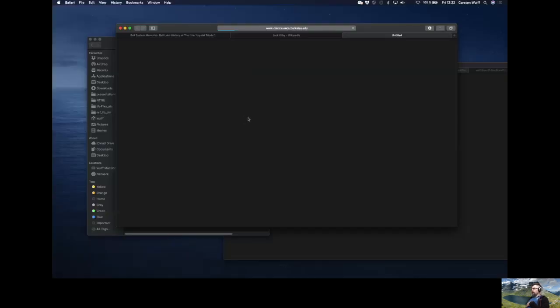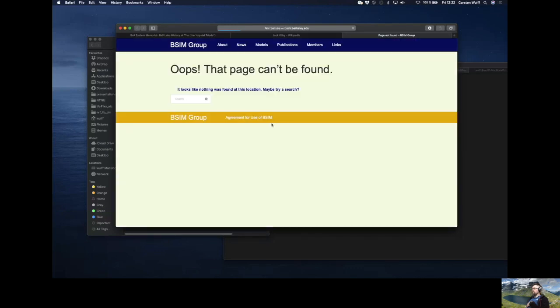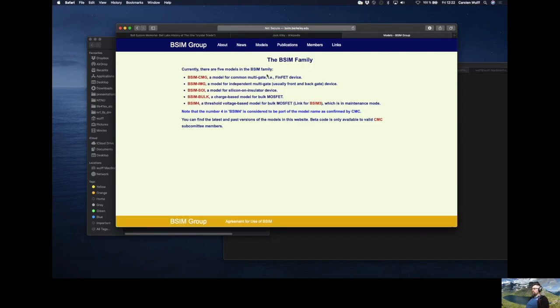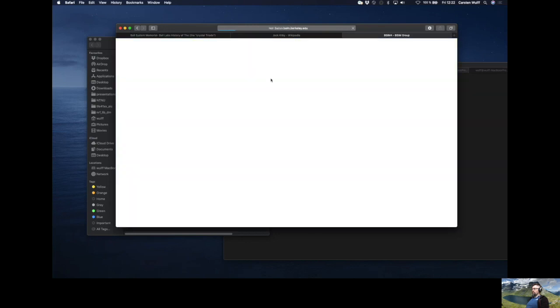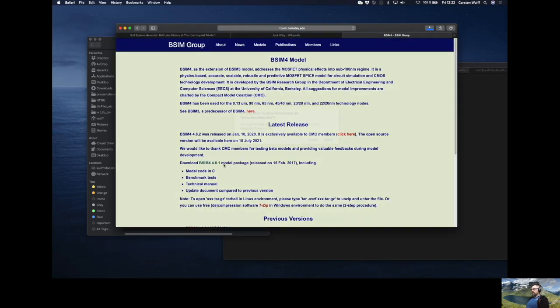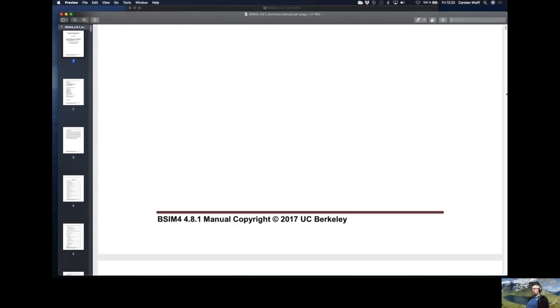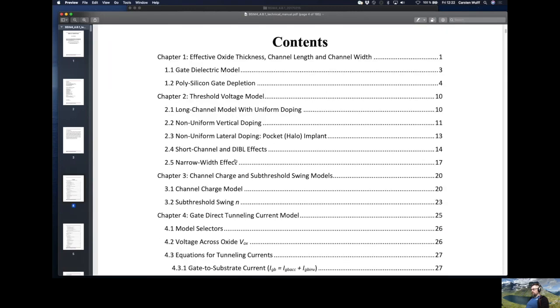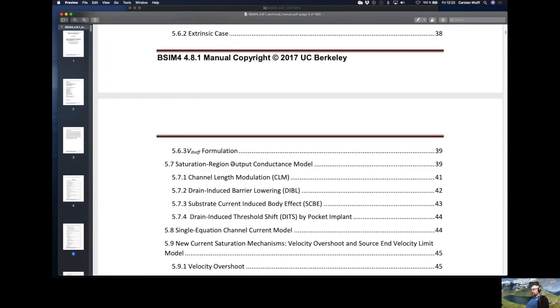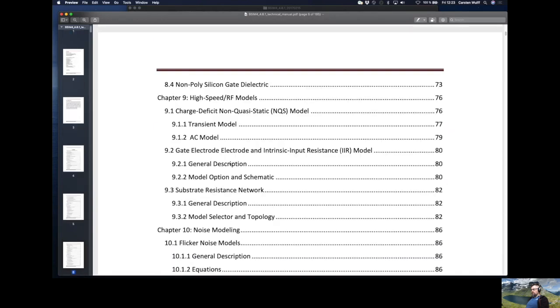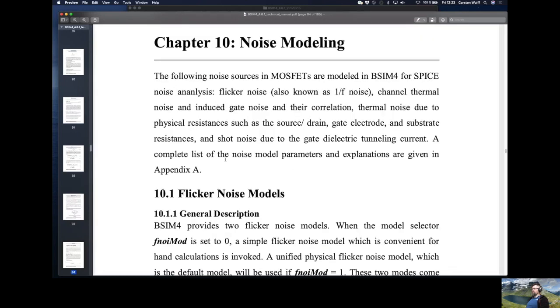Now, let me go to that link. Hopefully that still works. Ah, crap. Oh well. BSIM4, let's see, BSIM4. Okay. So let's see. There we go, noise modeling. Okay, now let me make that a bit smaller.